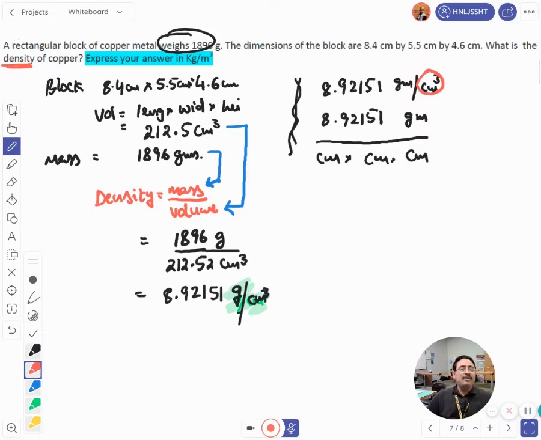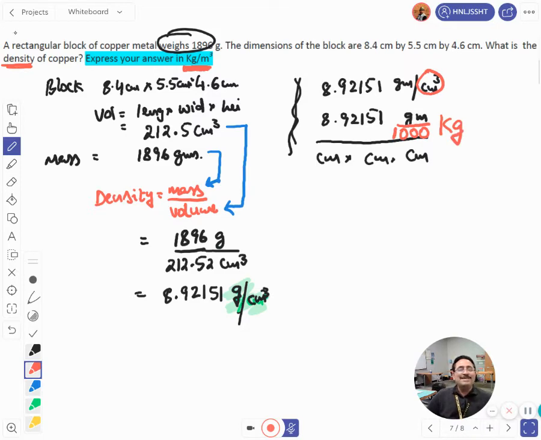Do you know how many grams are there in a kilogram? We are talking about kilograms because the units are kilograms per cubic meter. So there are 1,000 grams in a kilogram. Therefore, you have to take it this way in order to convert to kilograms.